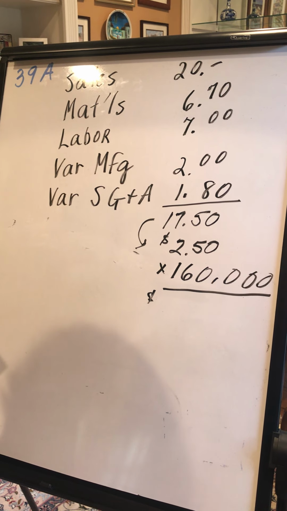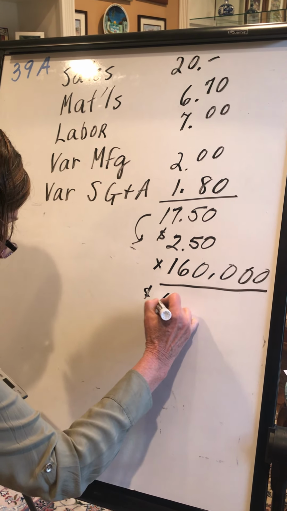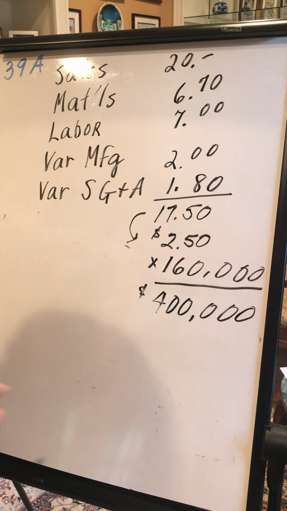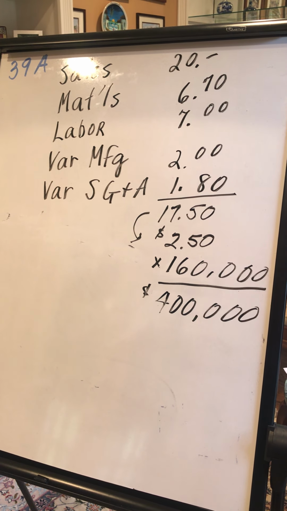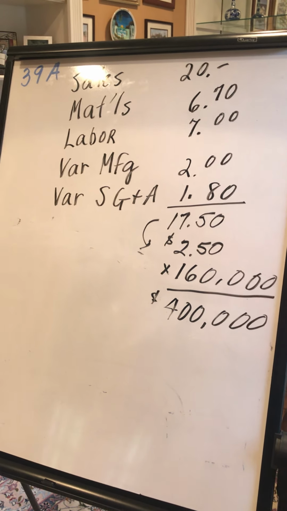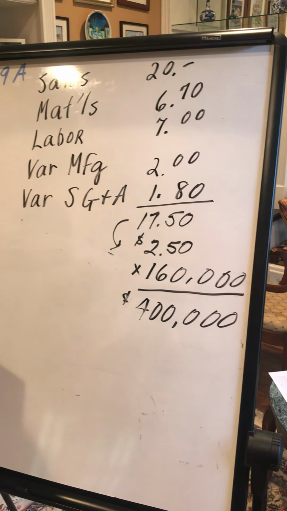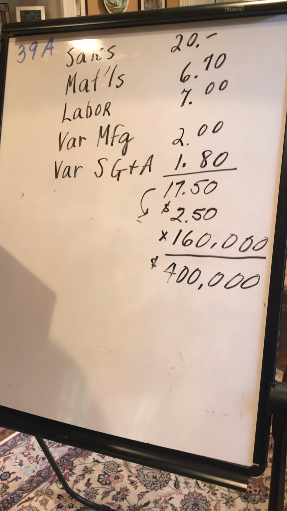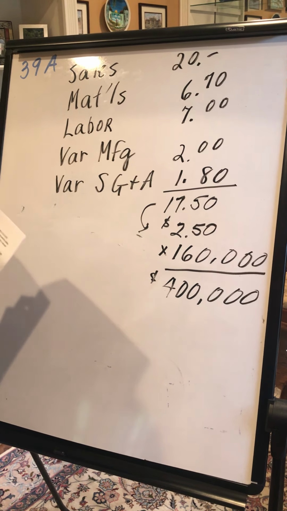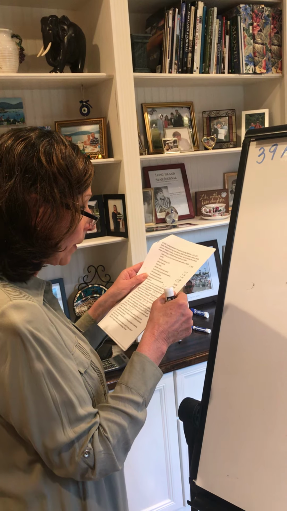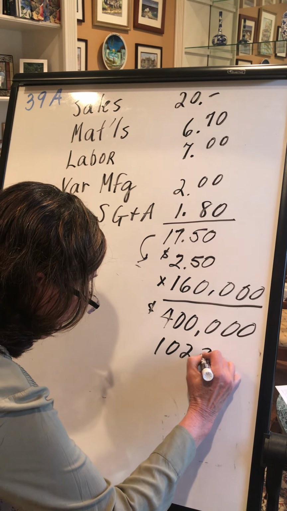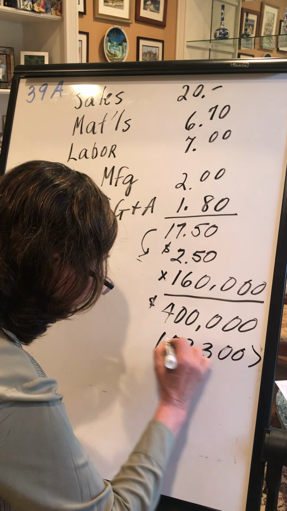So the total contribution margin in that case will be $400,000. But remember, they asked us about operating income. So we need to then subtract out the fixed expenses, which we are told, fixed manufacturing overhead, so things like plant depreciation and so on, $102,300.